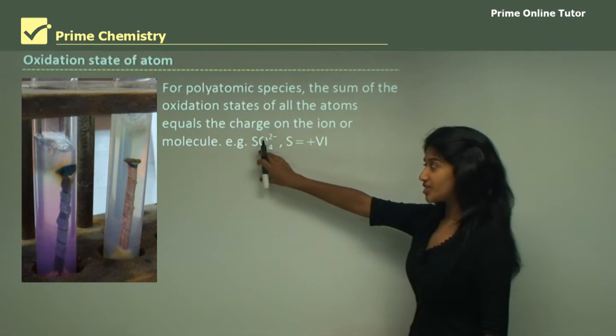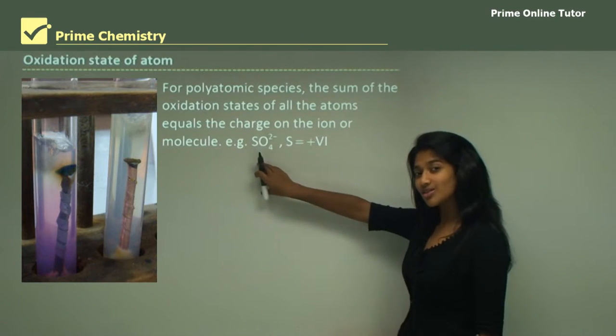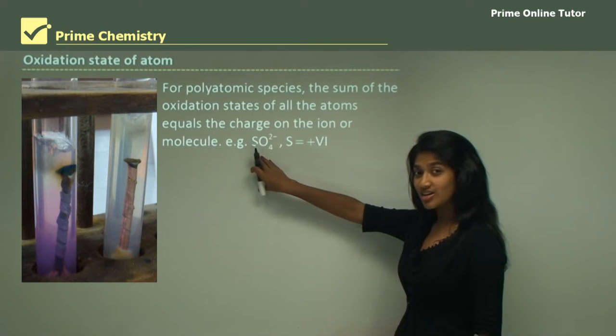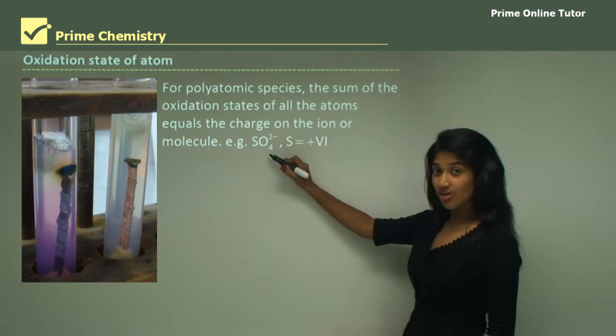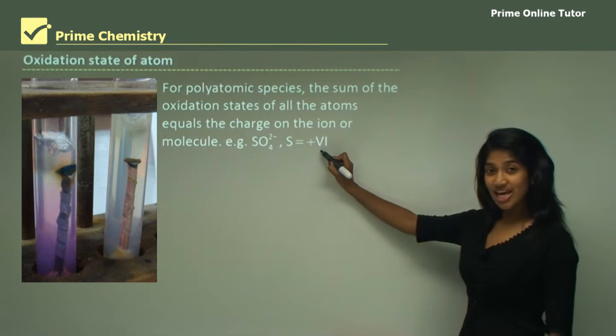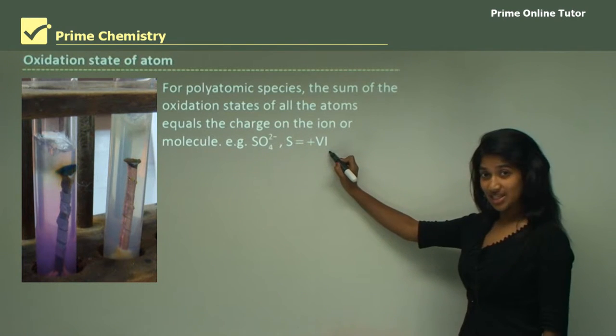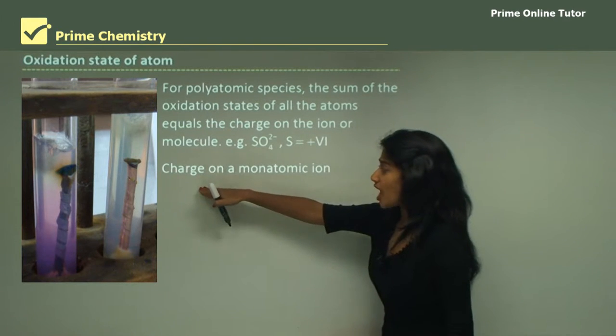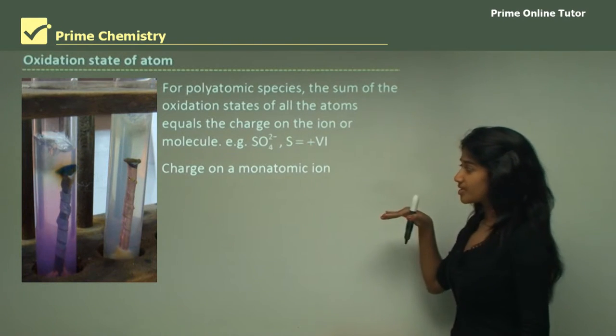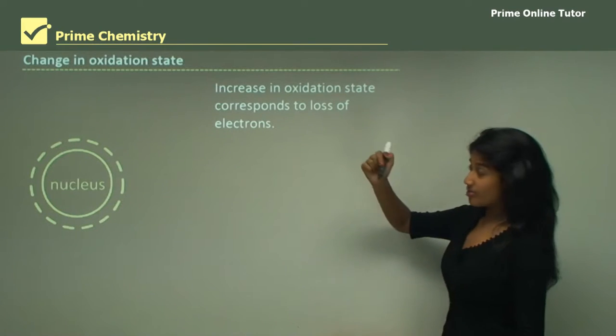Therefore, all of this would equal -2. The oxidation state of the sulfate ion is -2, meaning that the sulfur in the sulfate ion has an oxidation state of +6, as you can see here. So the charge on a monoatomic ion is that over there.